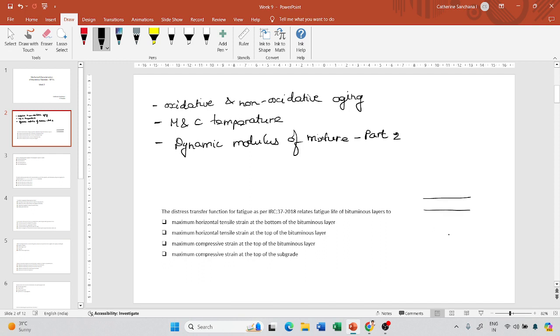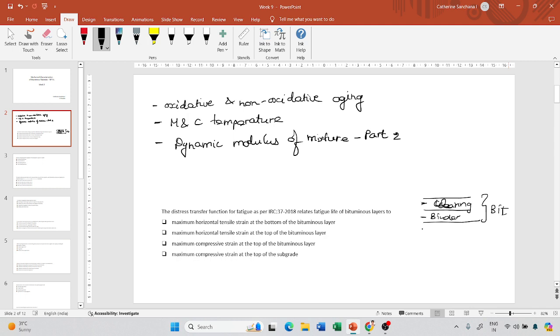You know that there are 2 layers of bituminous mixtures. This will be my binder course, this will be my wearing course. Mostly this will be a DBM mixture, and this will be a BC mixture. BC mixture corresponds to bituminous concrete, and DBM mixture corresponds to dense bituminous macadam.